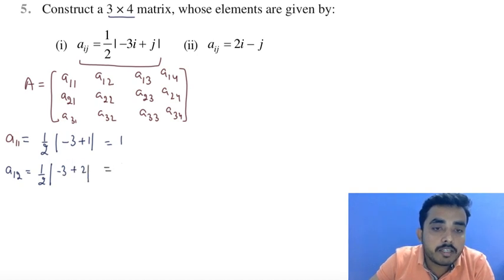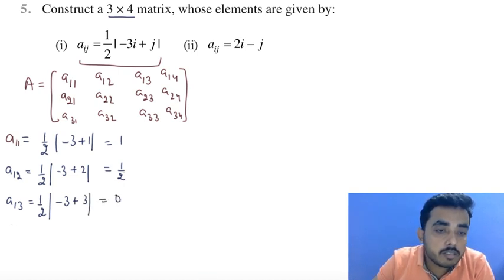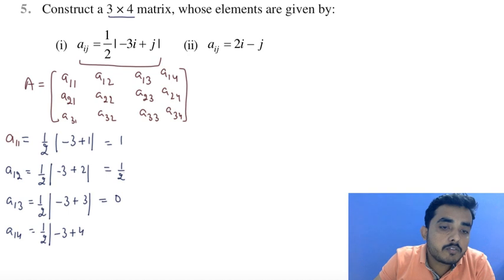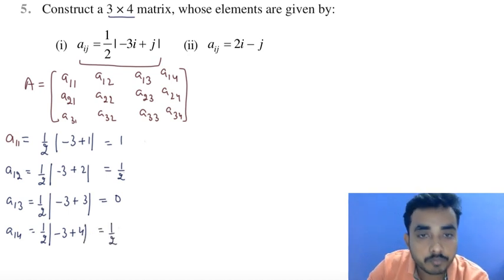So this is -1 mod 1 बन जाएगा, so this is 1 by 2. A13 is 1 by 2 minus 3 plus 3. So modulus will become 0 now, so this element is 0. A14 is 1 by 2 minus 3 plus 4. So it will again be 1 by 2.